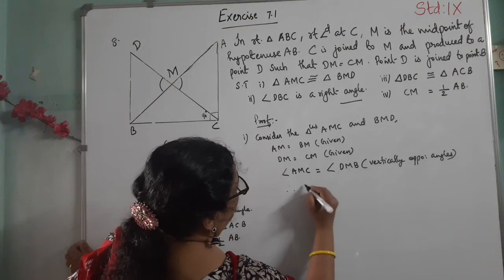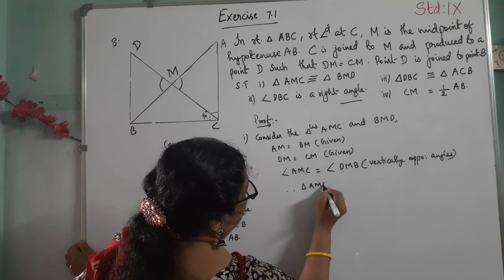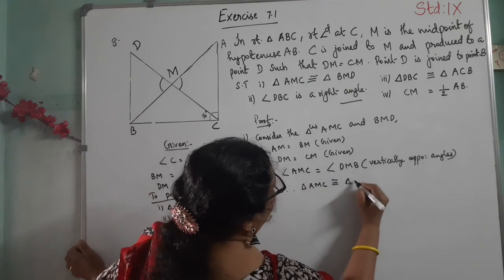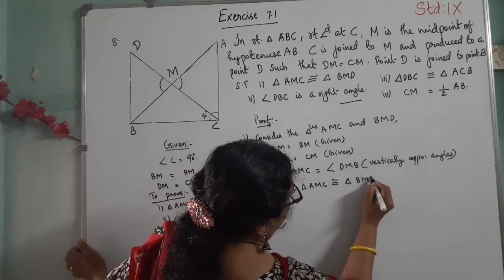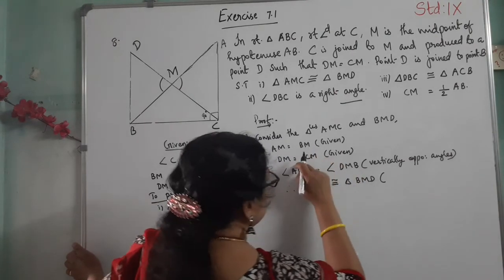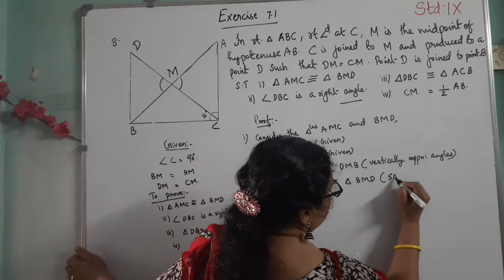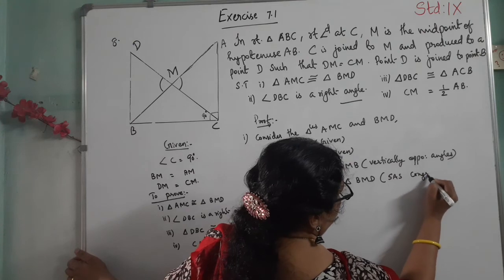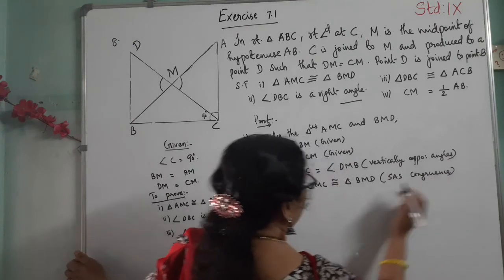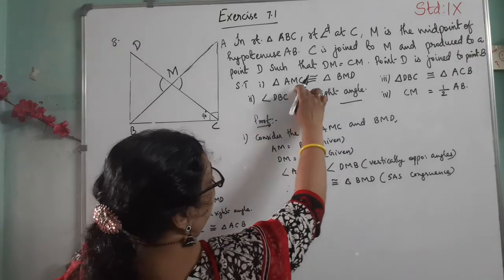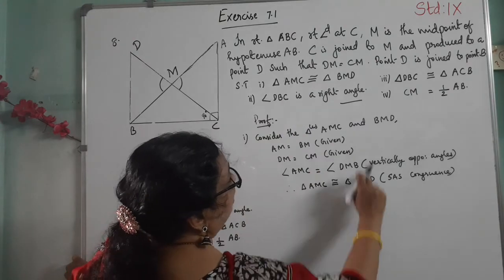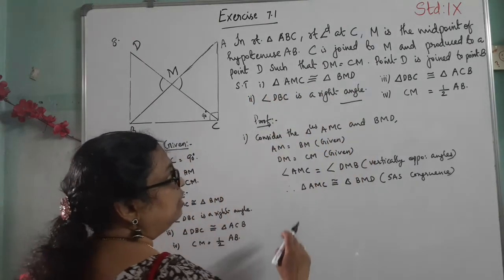Therefore triangle AMC is congruent to triangle BMD. That is two sides and one angle, so SAS congruence. So by SAS congruence, triangle AMC is congruent to triangle BMD. So the first part we proved.